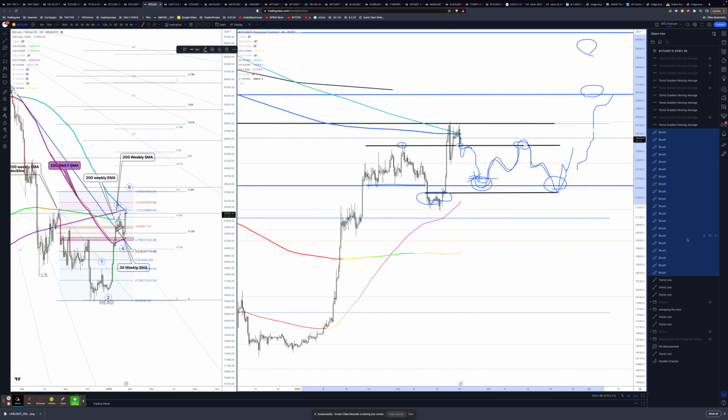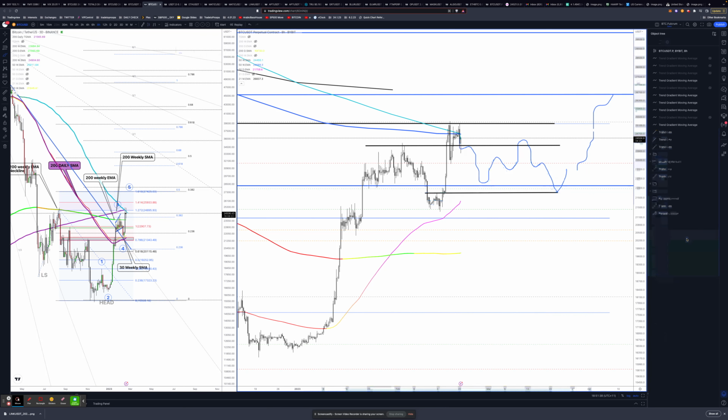So let's just clear that. And so that's sweeping the bottom. Here's another. Now, if price was to lose this level, that level there, but doesn't sweep the bottom and stays up here, then you've got to be careful.